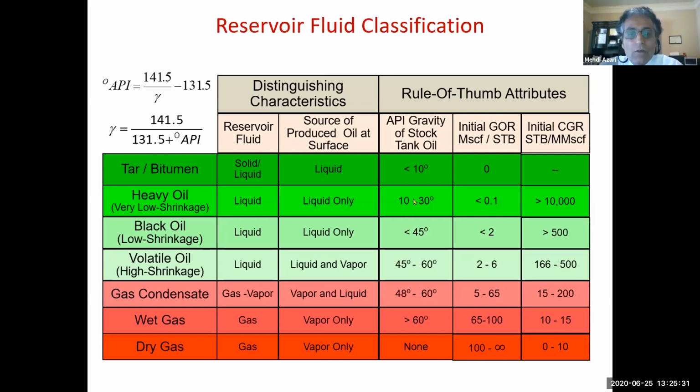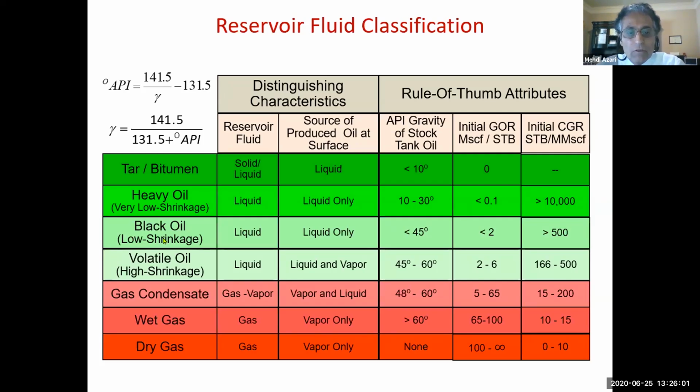The gas oil ratio could be like 5. That means for each barrel it is only 5, which is very low. So the initial GOR for some of these heavy oils is less than 1,000 SCF per stock tank barrel, because I'm showing the unit of M, 1,000 SCF. The reverse of this one is called the condensate gas ratio. So gas oil ratio or condensate, this is 1 over that one, all right?